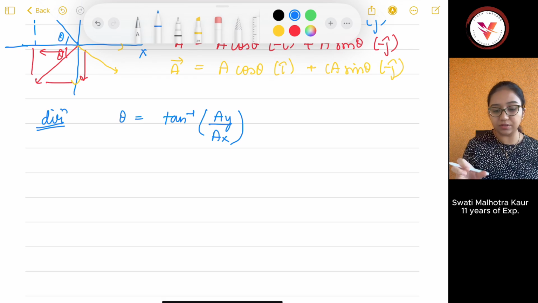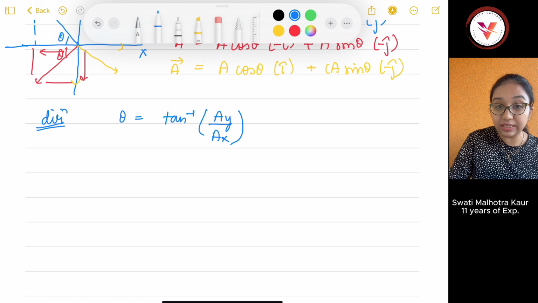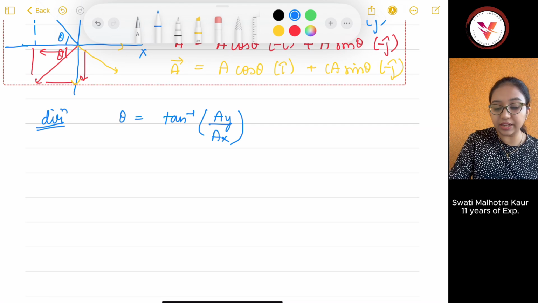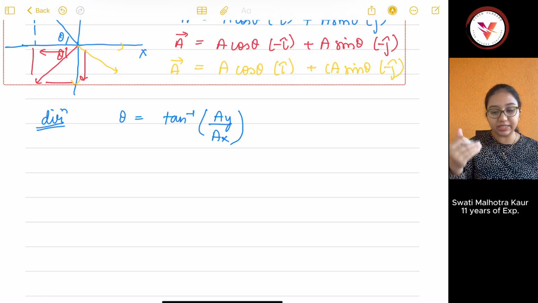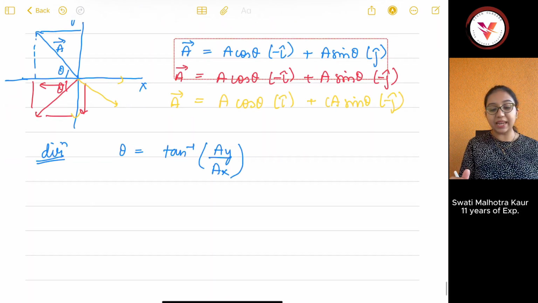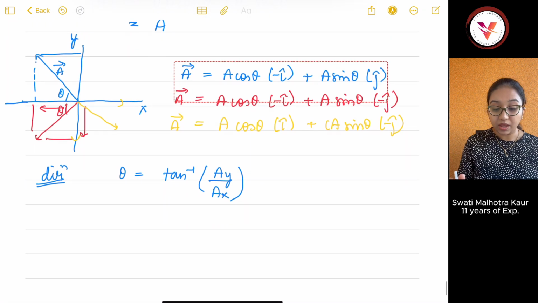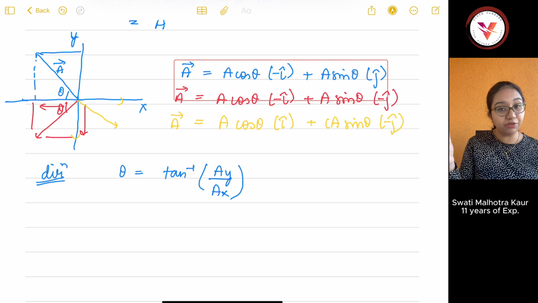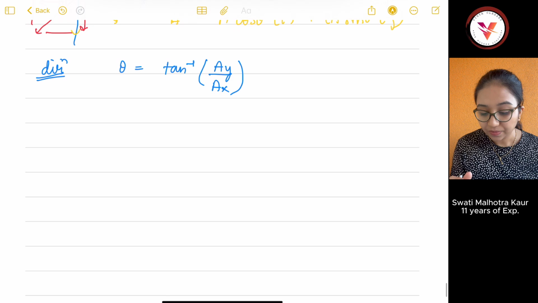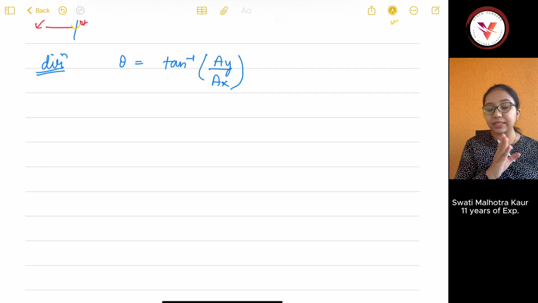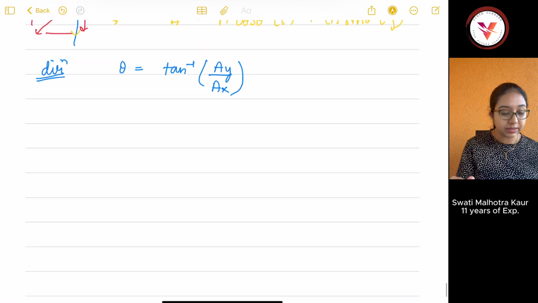So I have talked about these three cases. In the first quadrant, the direction is simply AY by AX. AY is A sin theta and AX is A cos theta, and sin theta by cos theta gives you tan theta. It's like that. Okay, if it is negative, you have to use the negative. It is 135 degrees or in the second and fourth quadrant, like that. We will understand that when we do numericals.